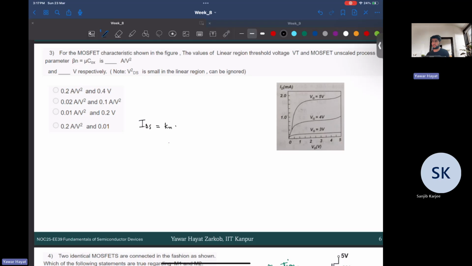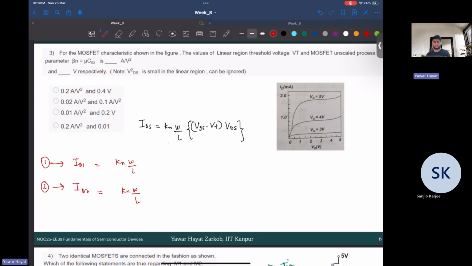Then it would be Kn W by L, this is your VGS minus VT times VDS, right? There's your ID1. I can write two equations, ID1 and ID2. Kn and W by L would be the same, right?